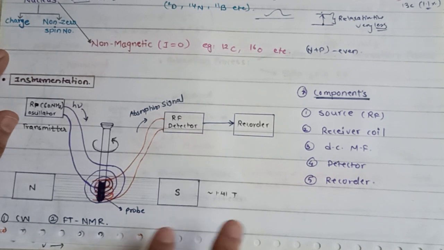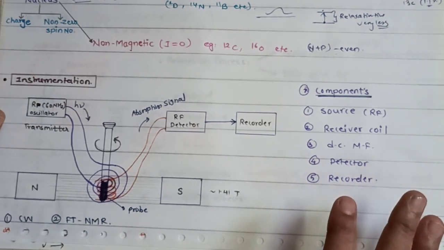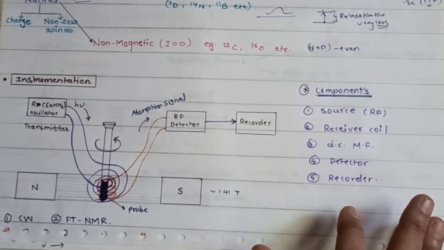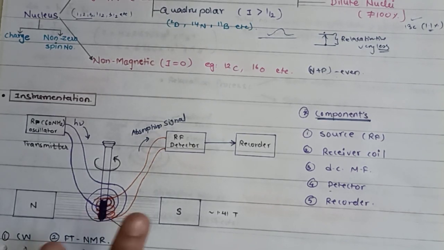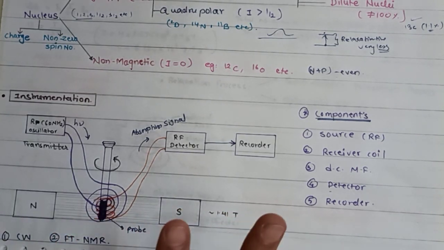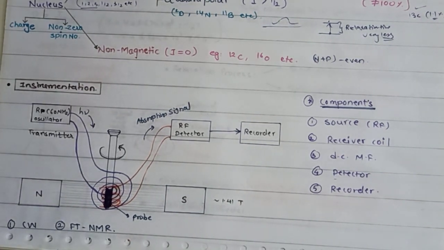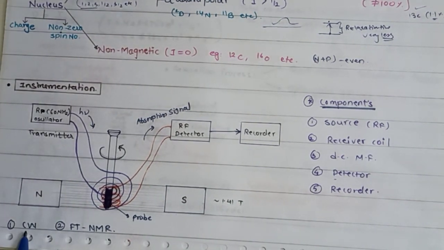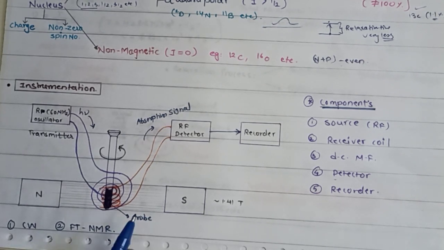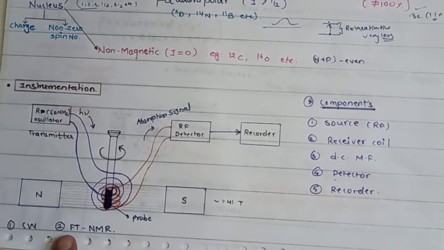अब सेकेंड थिंग इंस्ट्रूमेंटेशन में जो आपको यहाँ पे याद रखना है वो चीज़ ये है that basically the instrumentation is of 2 types used in NMR spectroscopy. The first instrument is the continuous wave NMR spectrophotometer, whereas the second one is the Fourier transform NMR spectrophotometer.